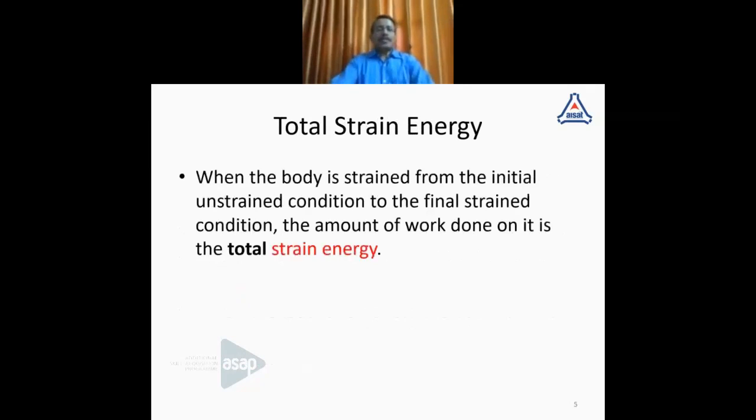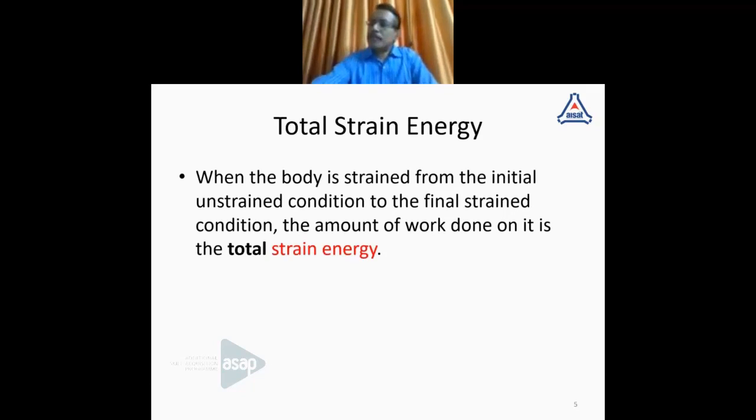And the total strain energy consists of the elastic part and also the plastic part. So when the body deforms up to a certain limit, it is deformed elastically.